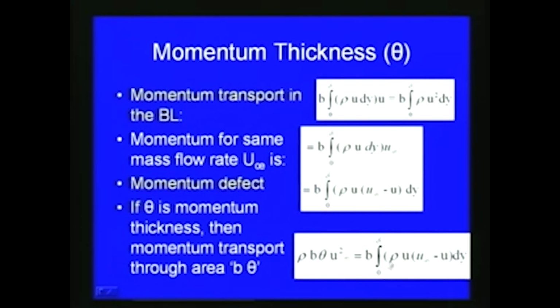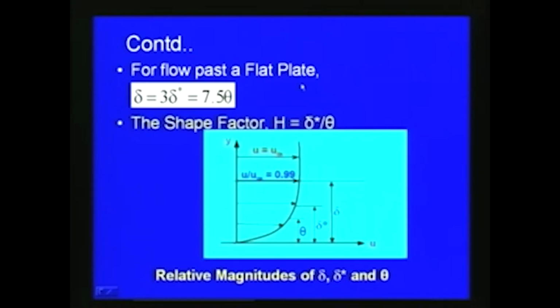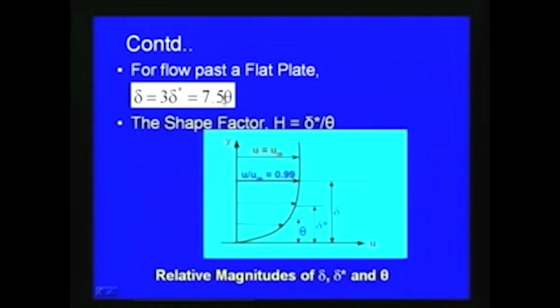So, like this we can derive the expression for the momentum thickness, and so for flow past a flat plate, we have seen the typical case. In this case, if we consider the displacement thickness delta star and momentum thickness theta, then experimentally, or we can show this for various cases, this delta, the boundary layer thickness, is equal to 3 times delta star, the displacement thickness, that is equal to 7.5 times the momentum thickness which we have considered.